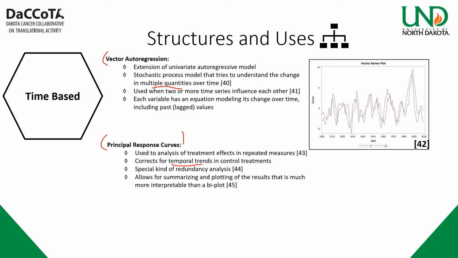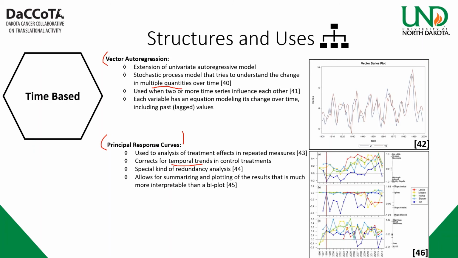the big selling point with this is, though, you can summarize and plot the results more interpretably than a biplot. So this is typically what these sort of outcomes look like. There can be a control treatment, and these different lines indicate different treatments. So I think these are different areas, like the gray line is the control area.